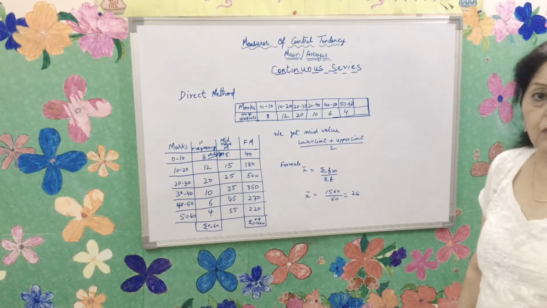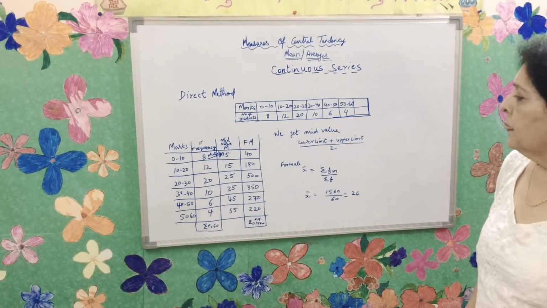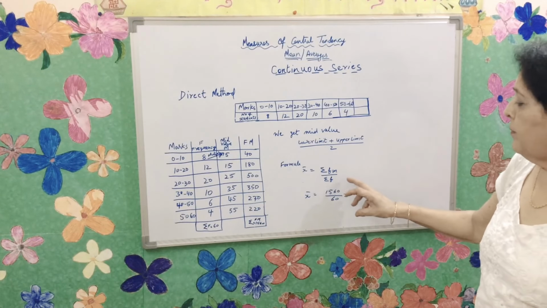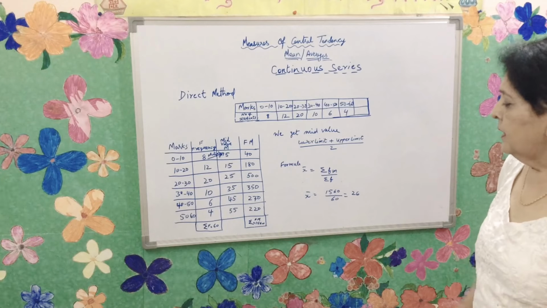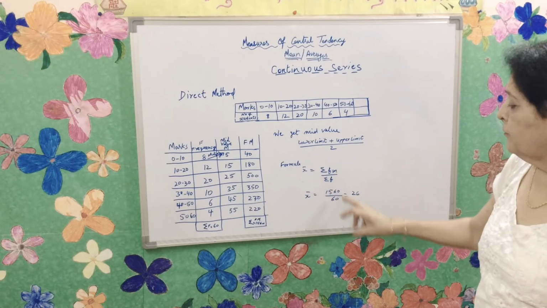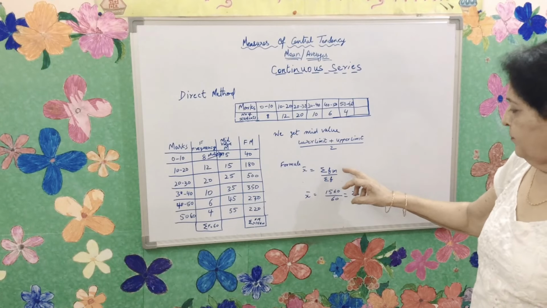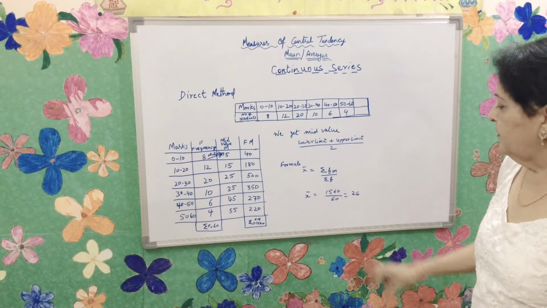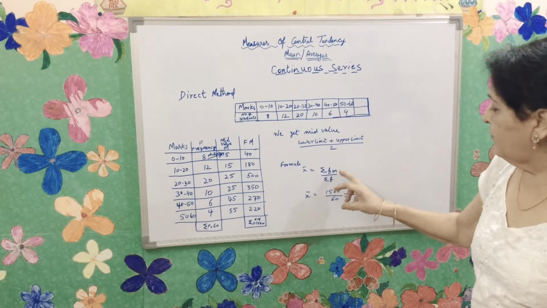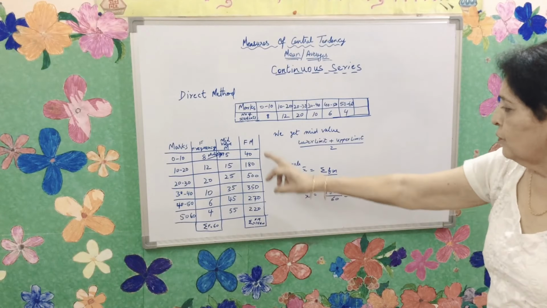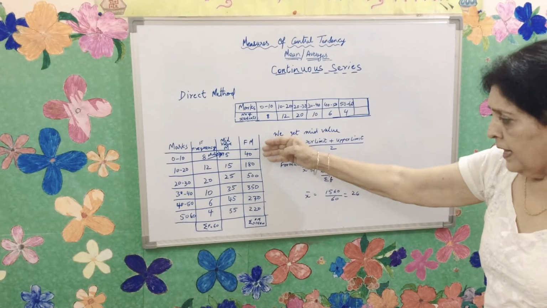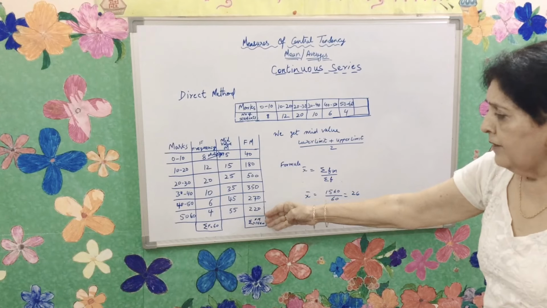As you already know, the formula for the direct method is sigma fm upon sigma f. Putting the values, we get sigma fm is equal to 1560. We have added up all the fm.